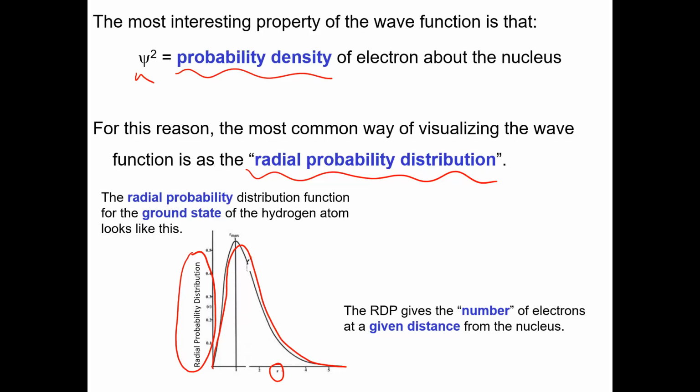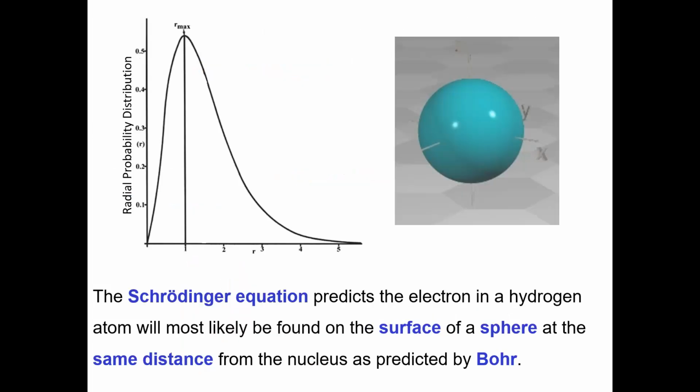So this little graph that I've been drawing on is the radial probability distribution function for the ground state of the hydrogen atom. It's basically giving you the number of electrons at a given distance from the nucleus. So it's kind of interesting, right? According to the Bohr model, the electron is always at a particular distance from the nucleus when it's in the n equals 1 level.